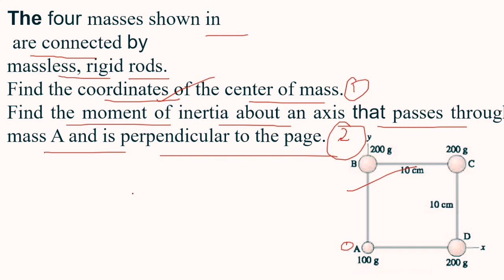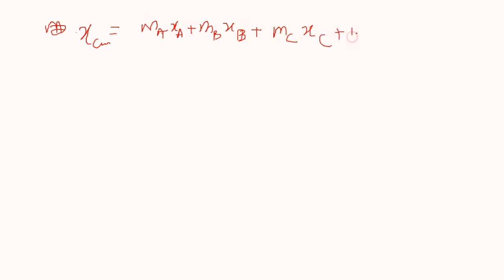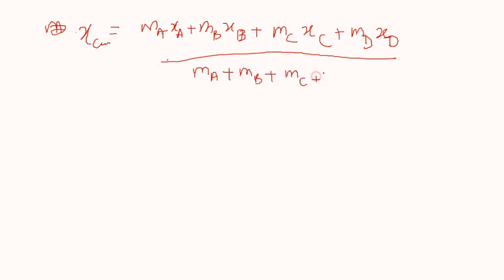As there are four particles, xcm is the summation of mi xi divided by the summation of mi. This summation means MA XA plus MB XB plus MC XC plus MD XD, divided by MA plus MB plus MC plus MD. So this is our XCM.